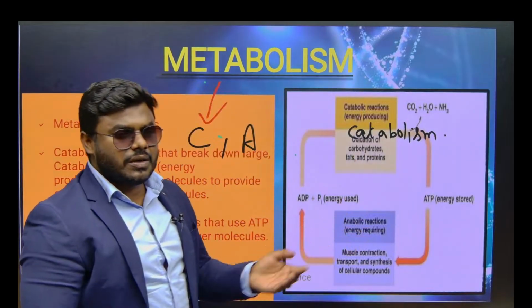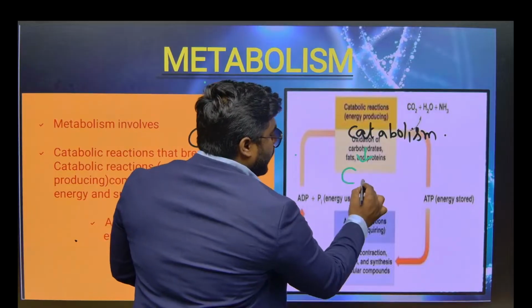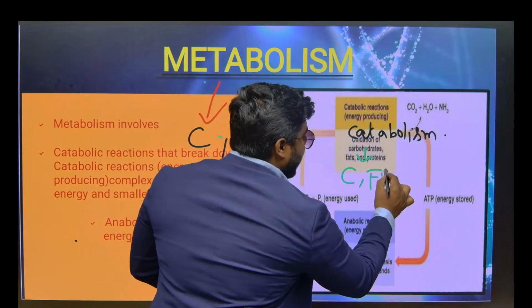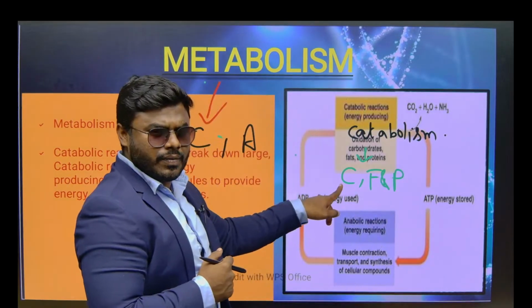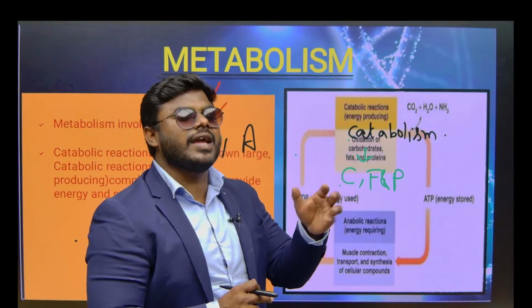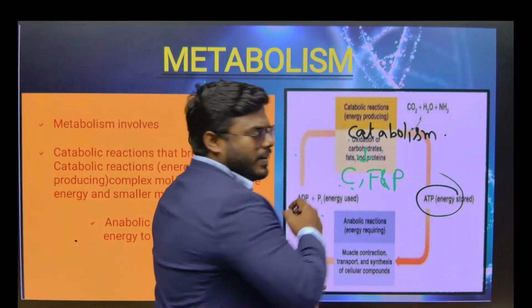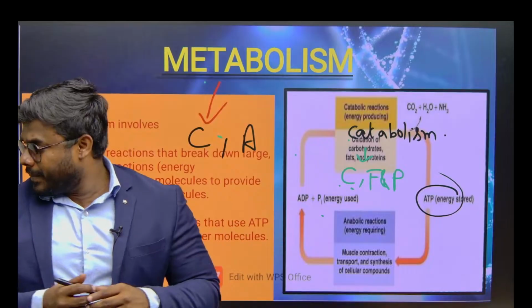In other words, breaking down is called oxidation. Oxidation of carbohydrates, fats and proteins is called catabolism. In simple words, catabolism means breaking down or oxidation of biomolecules. Why? To get energy.